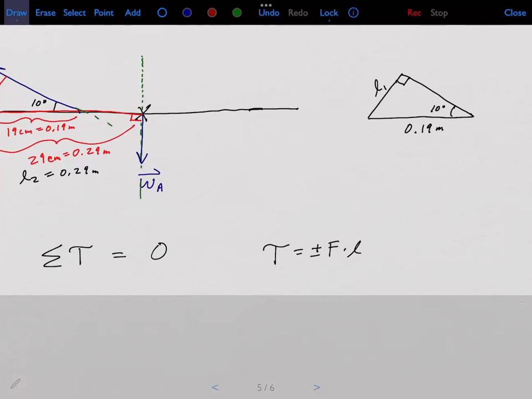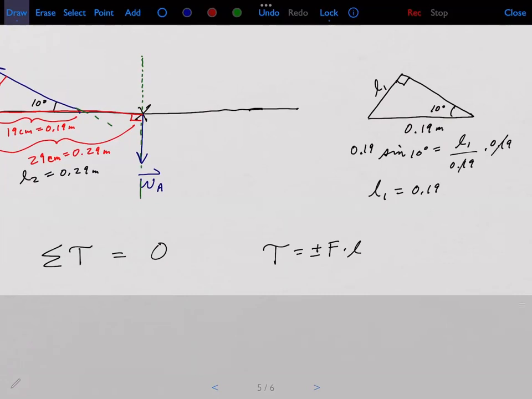So using trig, relative to the 10 degrees, what is L1? Well, that's opposite, and the 0.19, in this case, is the longest side, opposite the right angle. This is the hypotenuse. So what trig function relates opposite and hypotenuse? That's sine. So I know that sine of 10 is equal to L1 over 0.19. So therefore, L1 is going to be 0.19, basically just multiplying both sides by 0.19.